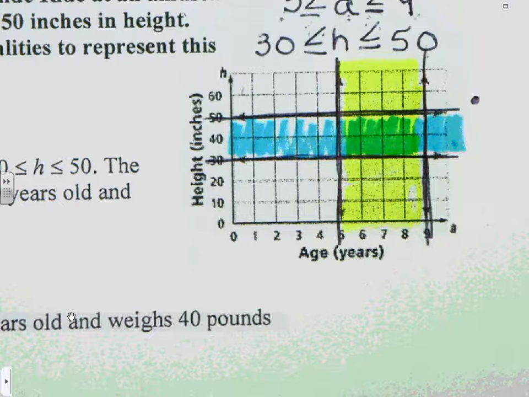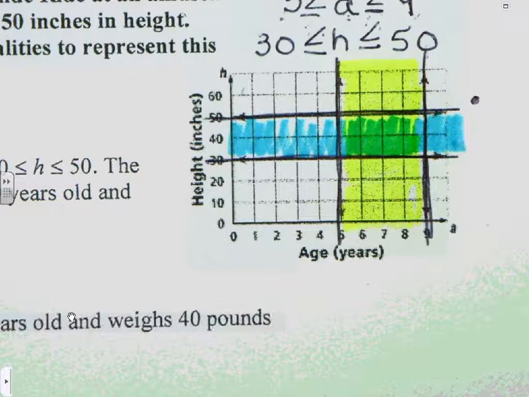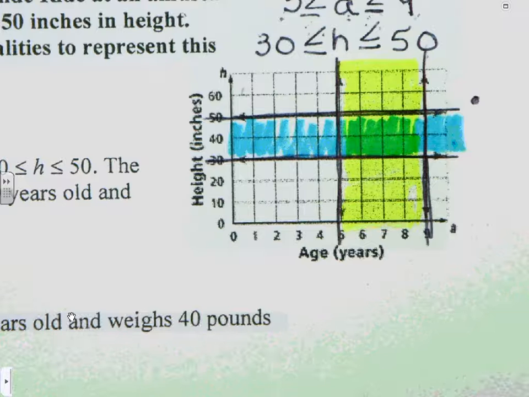All right. Let's do the two problems at the very bottom of the page. Practice graphing and shading, and then we're done. So, real quick, see if you can graph and shade.